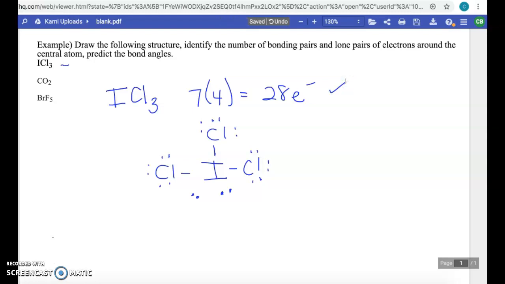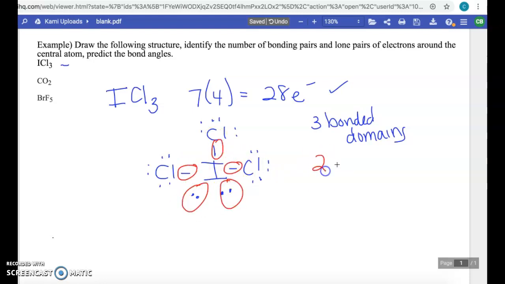Iodine is breaking the octet rule a little bit. More later on how to check whether you're actually drawing the right structure for this. But for now, here we go. So we have 3 bonded domains, 1, 2, 3, and then we have 2 electron domains, or free pairs of electrons.